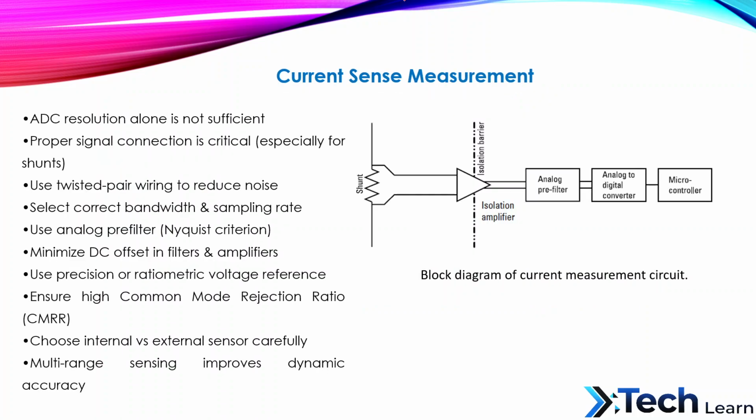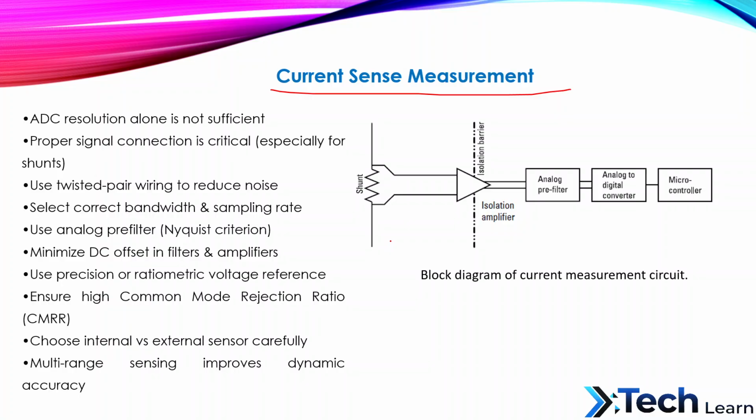Now coming to current sense measurement. Here, ADC resolution alone does not guarantee accurate current measurement. The entire signal chain must be optimized. For shunts, the signal is in millivolts and highly sensitive to noise. Twisted pair wiring reduces electromagnetic interference.